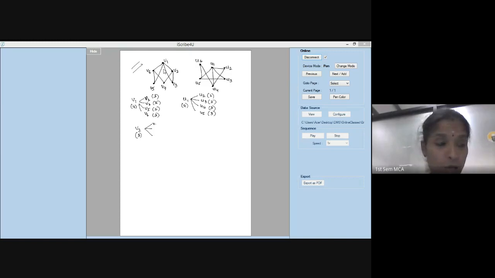We have V1, V4, and V3, with degrees 4, 2, and 2. Now let us take up U4. U4 has degree 3, and its adjacent vertices are U2, U1 and U6, with degrees 2, 4 and 2.